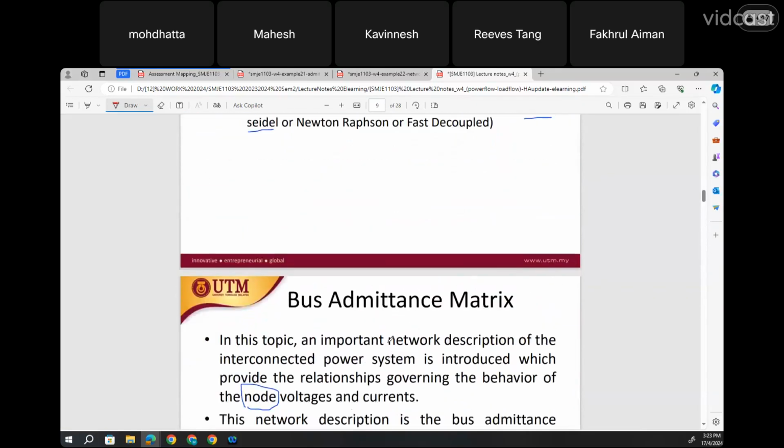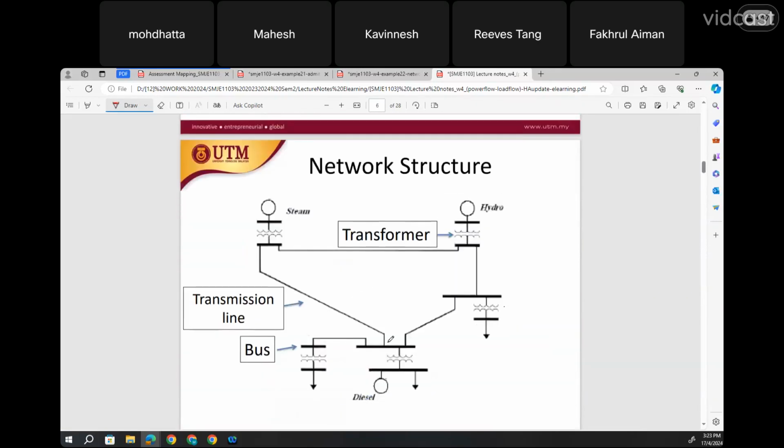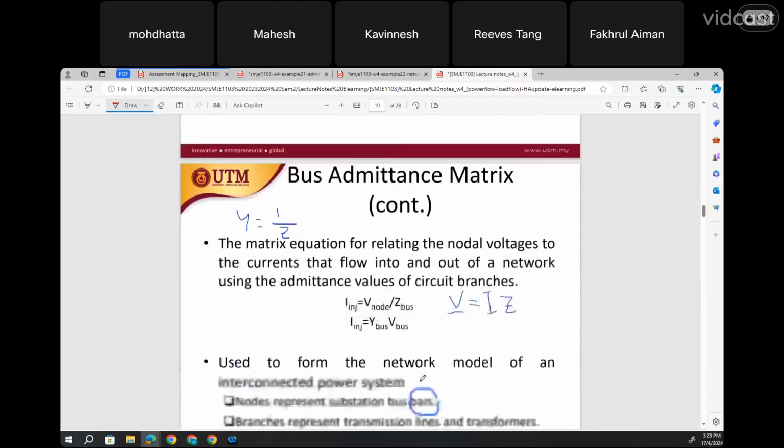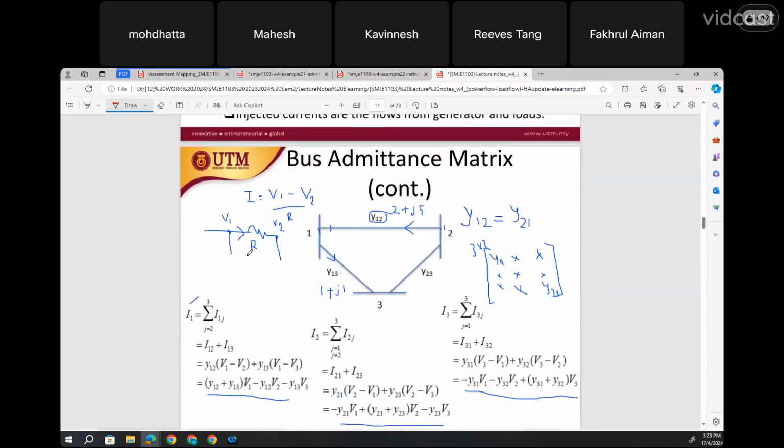Let's say we have a network like this. No, a network like this is not good. Maybe this is simpler for me to describe it.